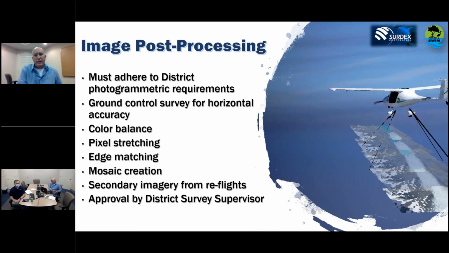So once we collect the imagery, then we go into the post-processing phase. And so this is a multi-stepped process. It usually takes several months. The district has a very strict set of guidelines for aerial acquisition that we must adhere to. There are ground control survey points that are used. And then because these maps are designed specifically for the purpose of mapping seagrass, there's a lot of color balancing, pixel stretching.